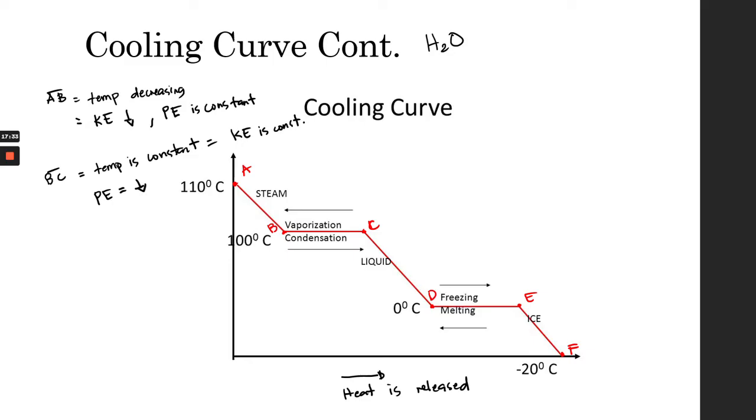And what happens is that another phase change occurs. Like I mentioned earlier, whenever there is an increase or decrease of potential energy, a phase change will occur. Only in this scenario, the phase change that is happening is condensation.